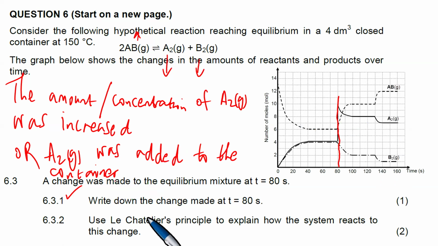That can be justified by saying the amount or concentration of A2 was increased, or we can say A2 was added to the container, because if it is added, then A2 will tend to decrease as the AB increases to establish a new equilibrium.